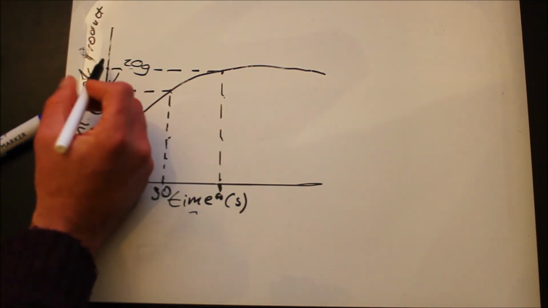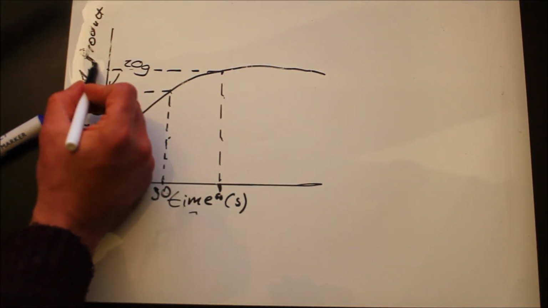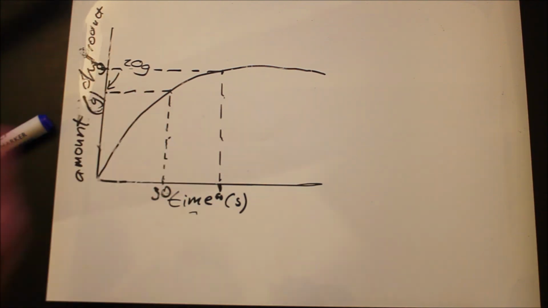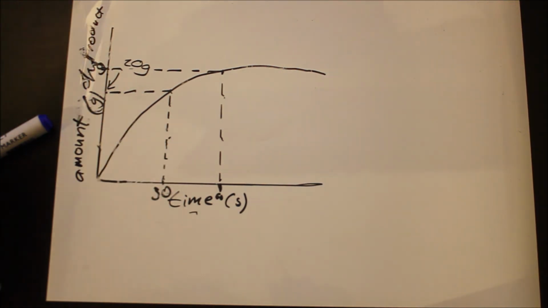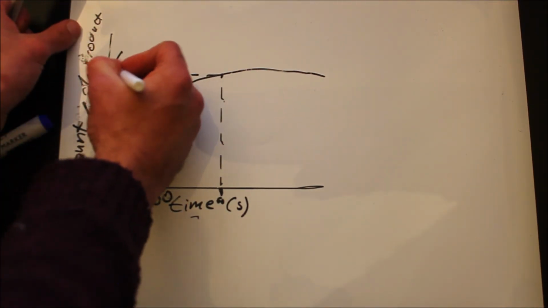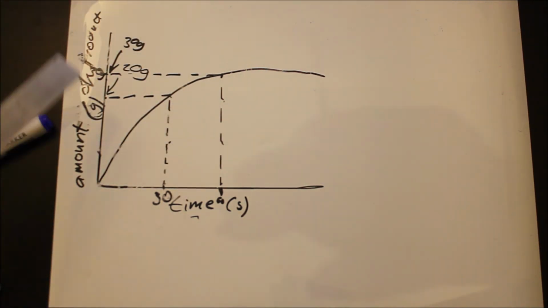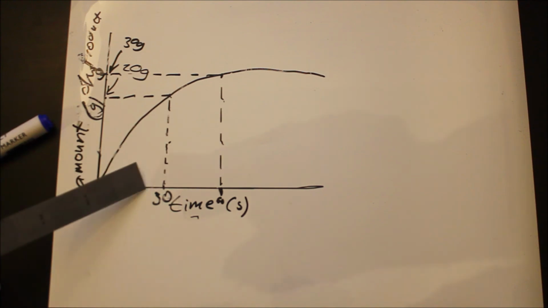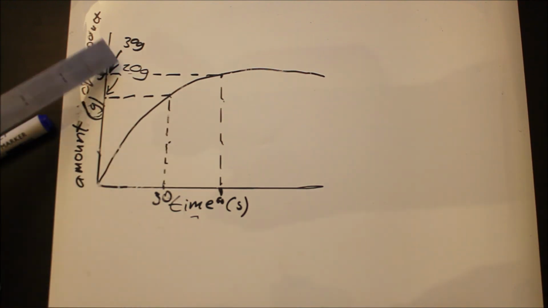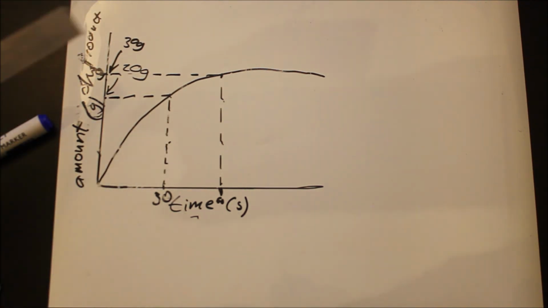And say that says 40 grams up there. We'll go 30, we'll call that 30 grams. So we've got 20 grams and 30 grams. So we've got a change in set time of 30 seconds. We've got a change in mass of 10 grams.